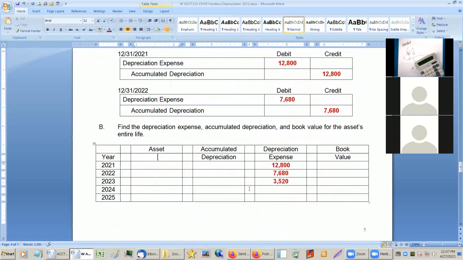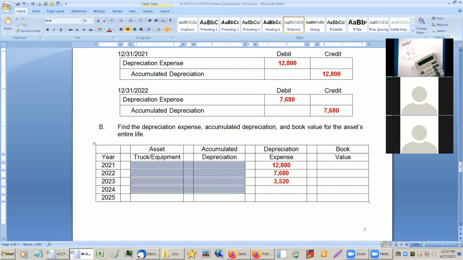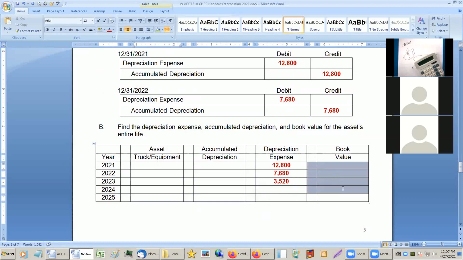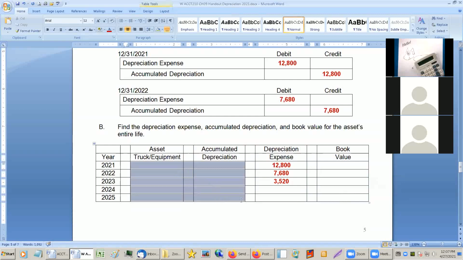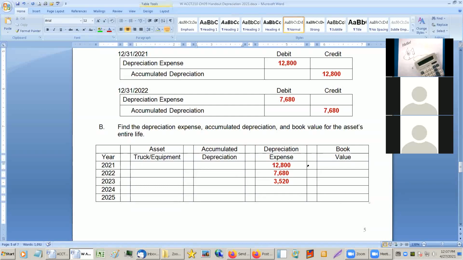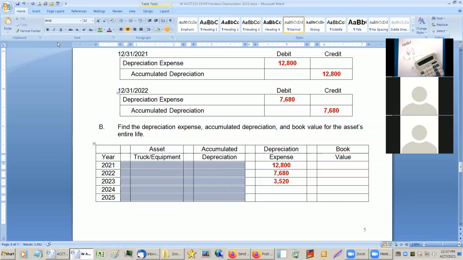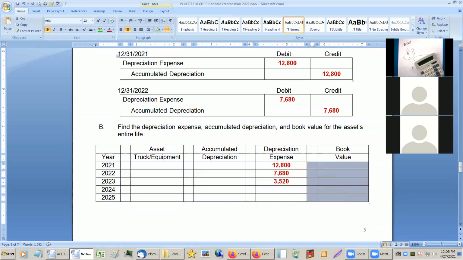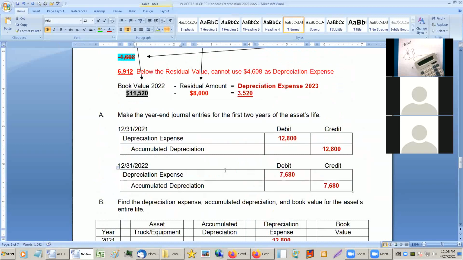Truck. You can say truck or equipment, either one. Okay, so the truck was 32,000.